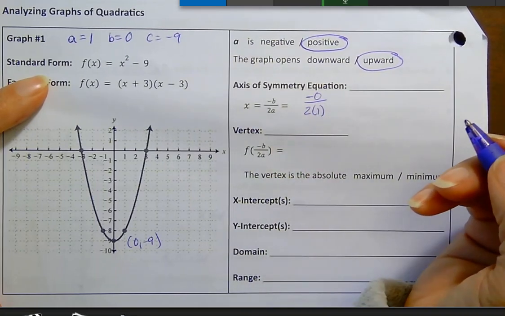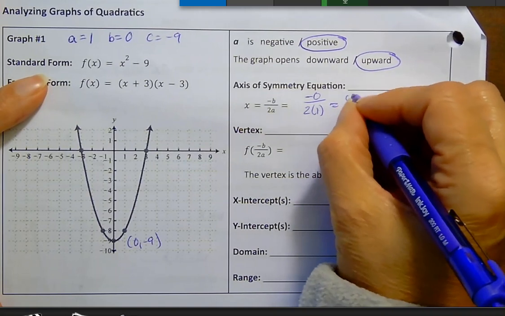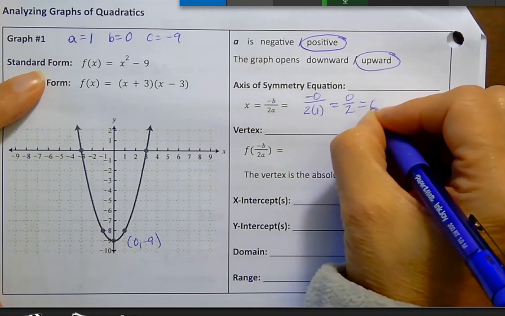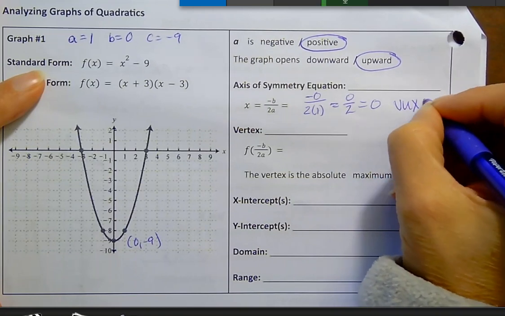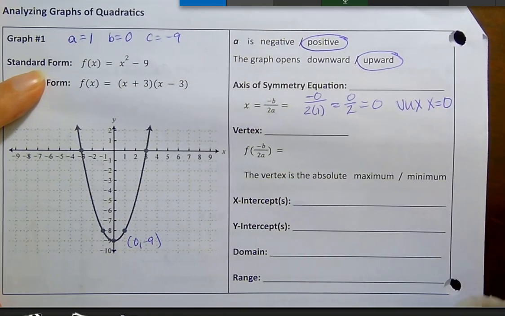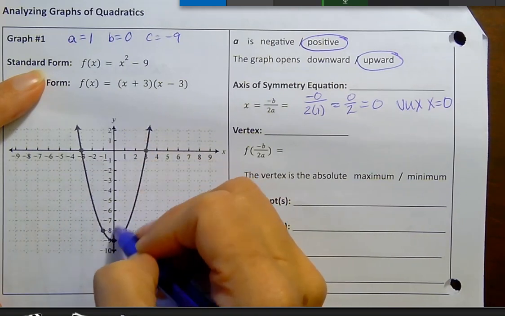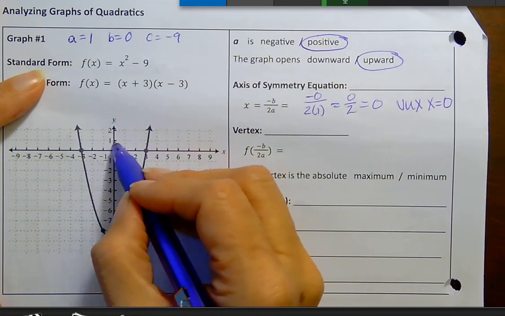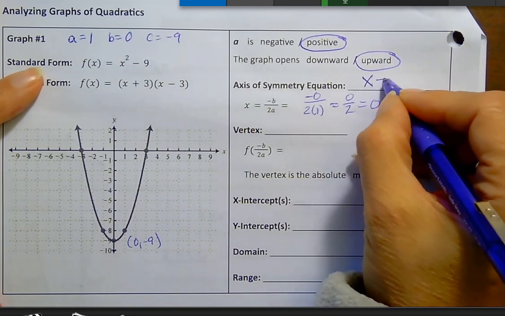Now, we know it's nonsensical to say negative 0, right? 0 is neither negative nor positive, so we're going to have 0 over 2, which is 0. Our vertical line happens at x equals 0. It's true. This is my axis of symmetry right here. Every time my x is 0, doesn't matter what y is. So my equation for that line is x equals 0.